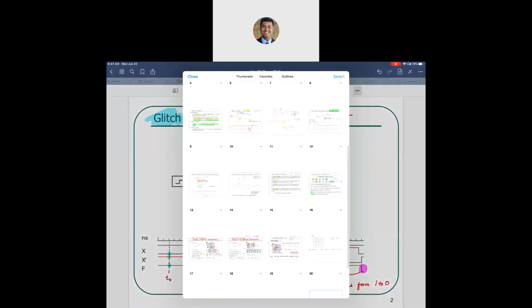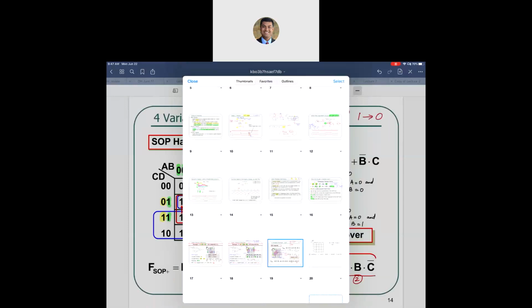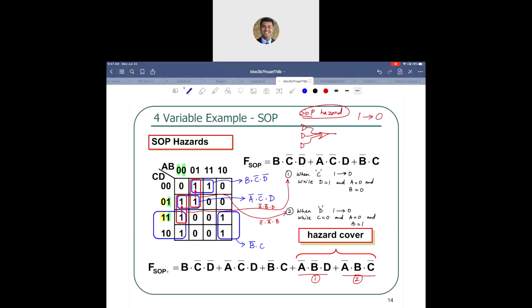Similarly, the story is reversed when you go to a POS hazard. For a POS hazard, it will be 0 to 1 only, because things at the end are going into an AND gate. For an AND gate, it is very easy to go to 0, because if one of the inputs is 0, the output will be 0.